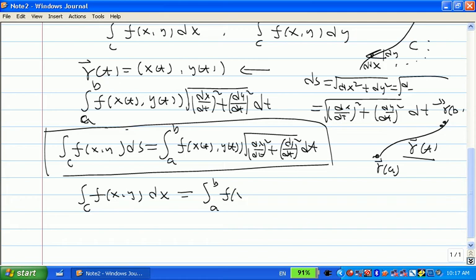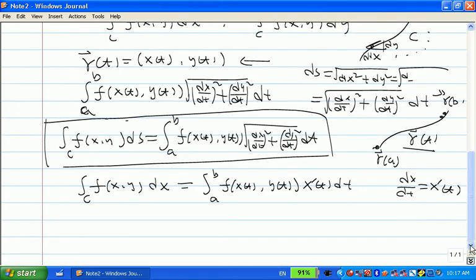So same thing, you replace x by x(t), y by y(t). Now dx is equal to x'(t) dt, because dx/dt equals x'(t), you just multiply dt on both sides. Same thing for f(x,y) dy.